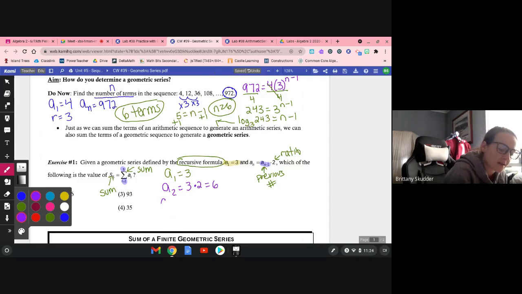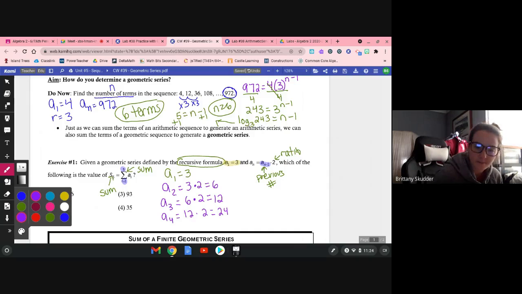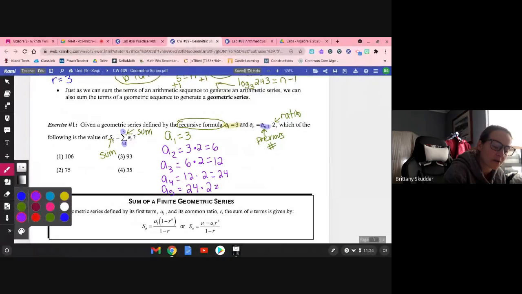To find the third, 6 times 2, you get 12. To find the fourth, 12 times 2, you get 24. And then to find the fifth, you get 24 times 2, which is 48.